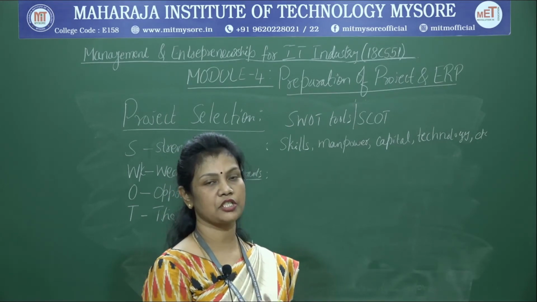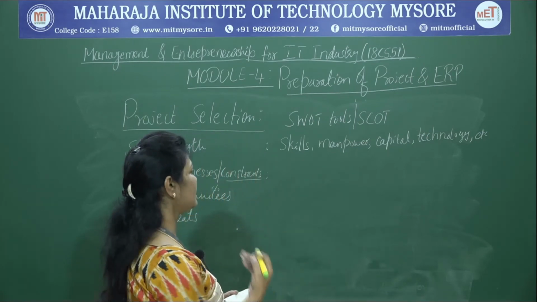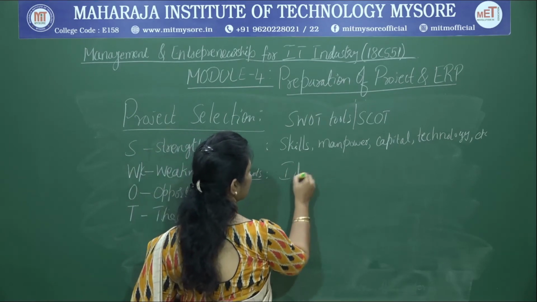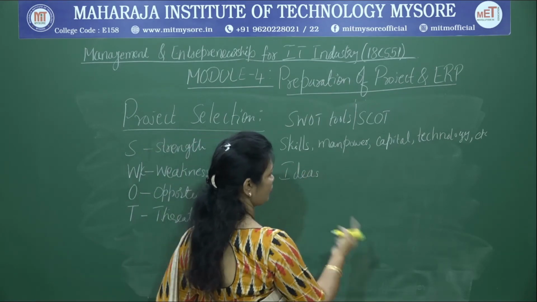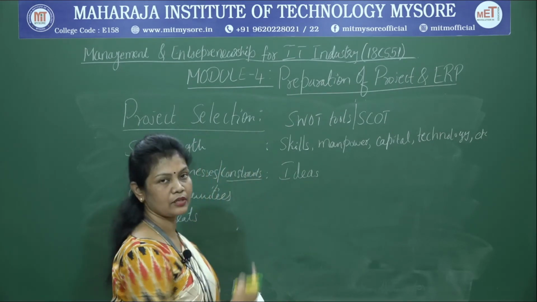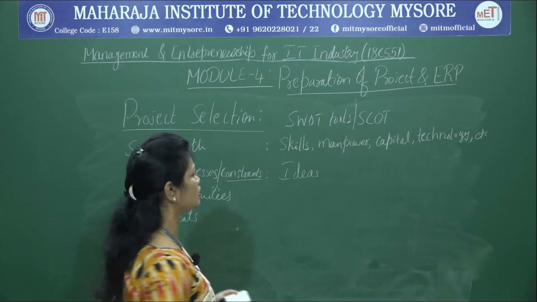So how he or she can overcome that particular constraint, as an example. So the ideas to overcome whatever weaknesses they have are going to be listed down in the weaknesses of the project or the entrepreneur.